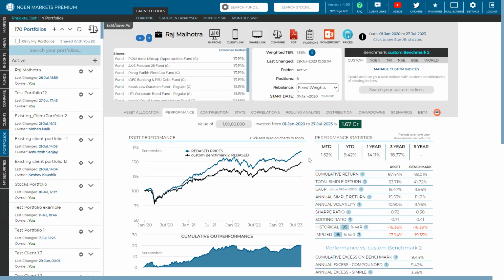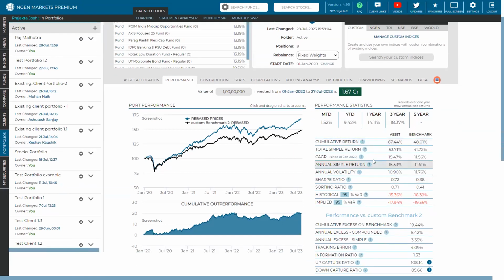Okay, so now what we can see is the portfolio performance is the blue line that is highlighted here versus the benchmark line, which is the black line over here. The portfolio performance will always be in blue, the benchmark is black. We can see that the cumulative portfolio performance was 67% starting from 1st of Jan 2020 onwards versus the benchmark performance of 48%.